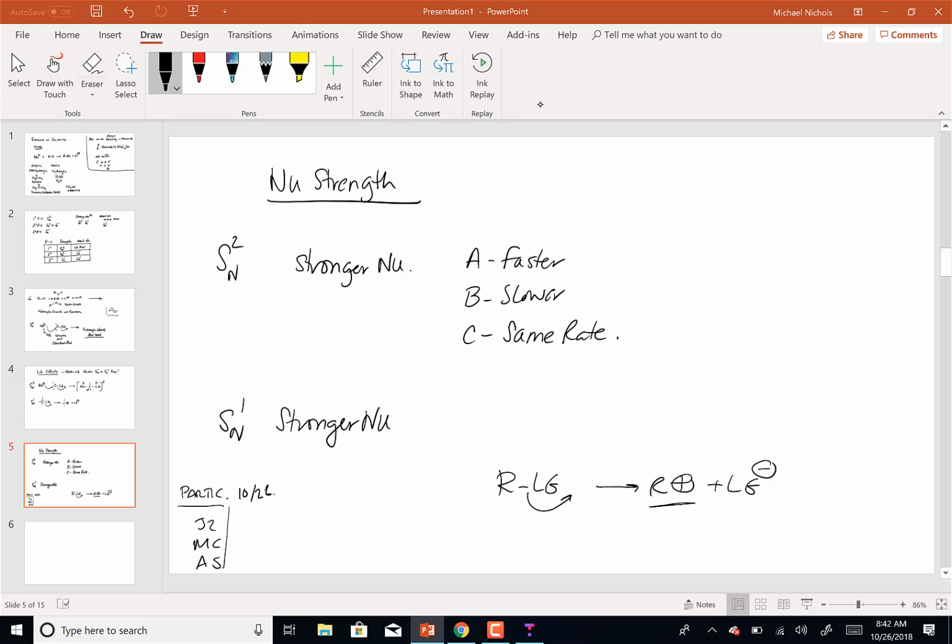Which one's the fastest? Tertiary halide. Now, if you go back and you look at the last question on the first exam, that question, given what we've talked about now, should hopefully be kind of a piece of cake to answer, because now we've talked about the details in terms of SN1 and SN2 reactions.